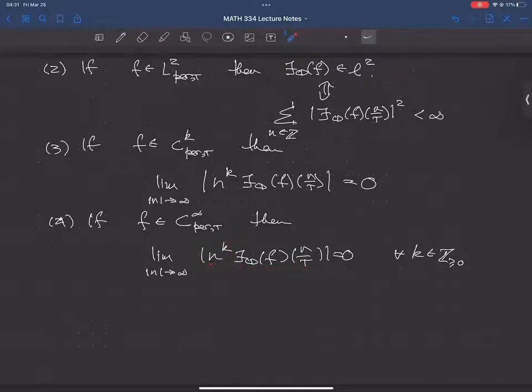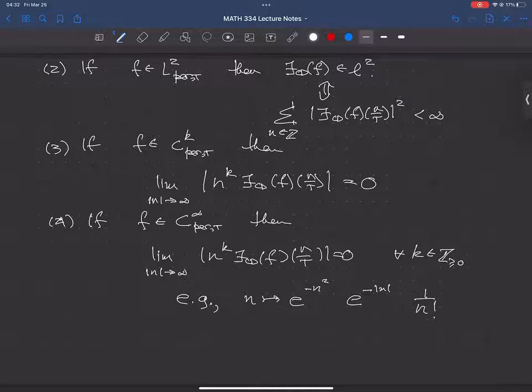And so, for example, if you want to think about specific functions of n that decay faster than polynomials, maybe something like that, or e to the minus n, or 1 over n factorial, right?